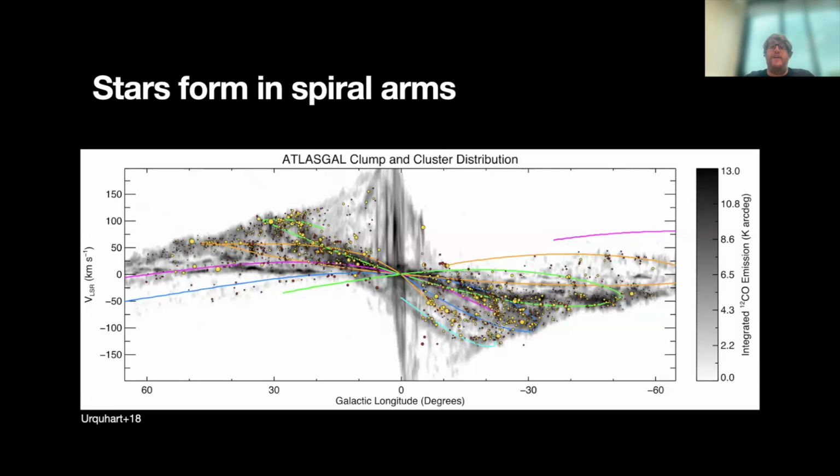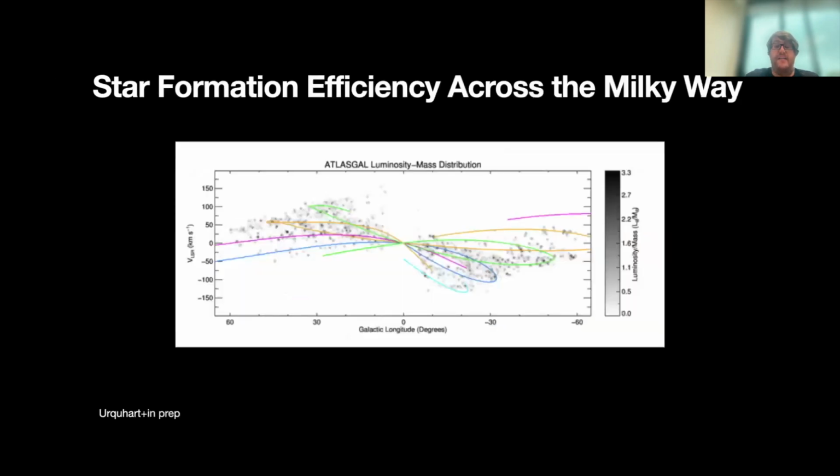So we can be confident that stars are forming in the spiral arms, which, like I say, is an important thing. So now what happens if we plot the star formation efficiency against those spiral arms? And this is what we get. So this is the luminosity to mass ratio as a function of this in this longitude-velocity space.